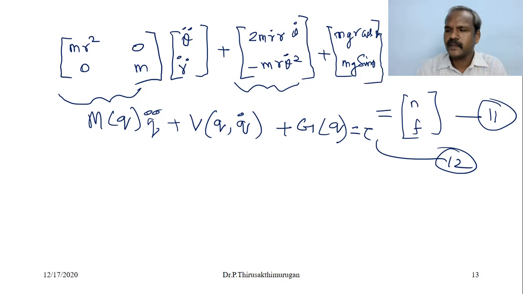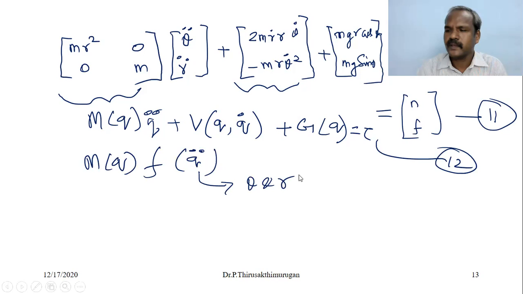The Coriolis centripetal force is a function of q and q dot.